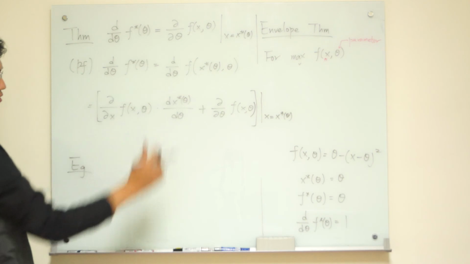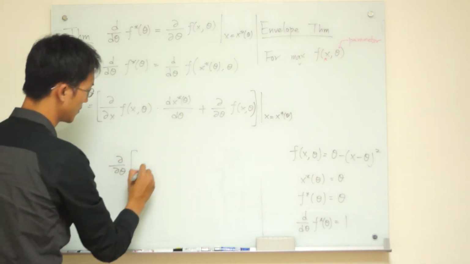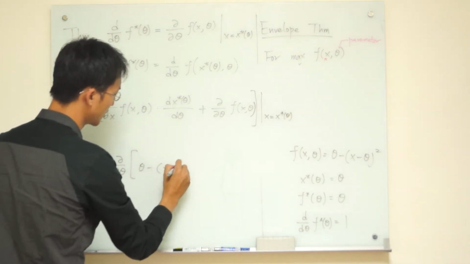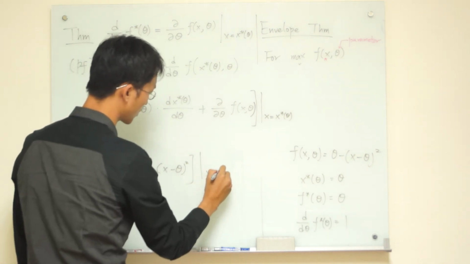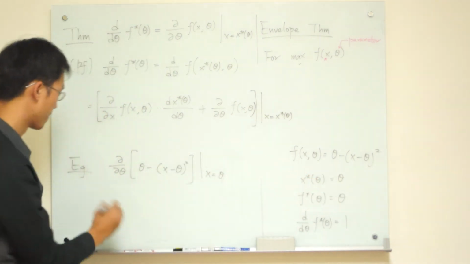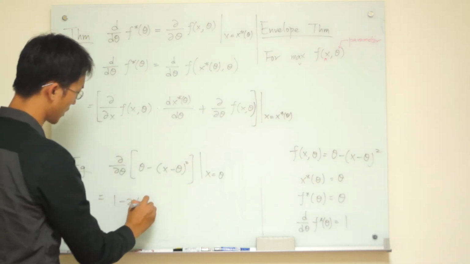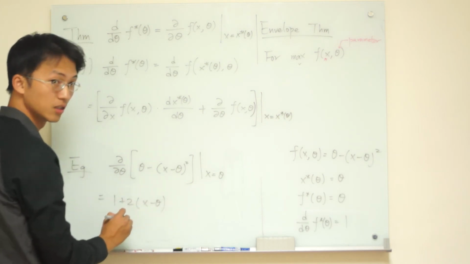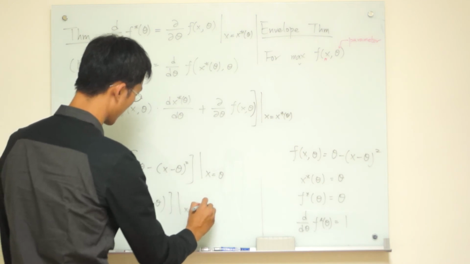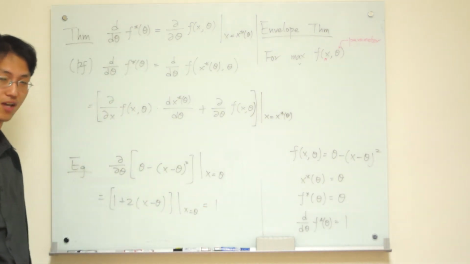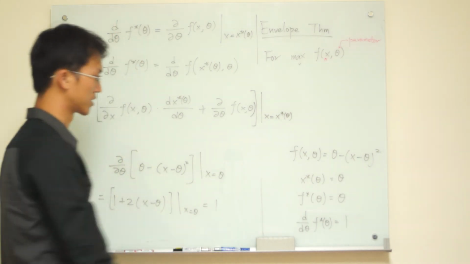Here, if I want to apply the formula, I first do the differentiation and then plug in the optimal solution. Here, optimal solution is theta. First order derivative, I get 1 minus 2x minus theta plus. Okay, and then plug in. I get exactly 1. Okay, so at least for this example, our envelope theorem works.